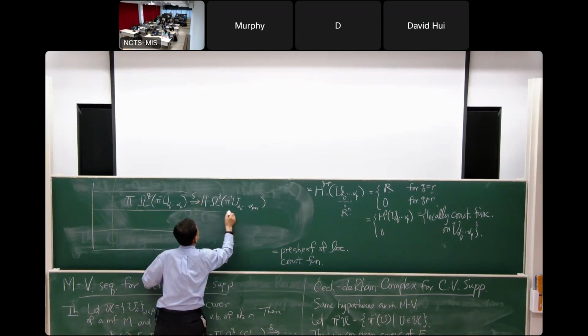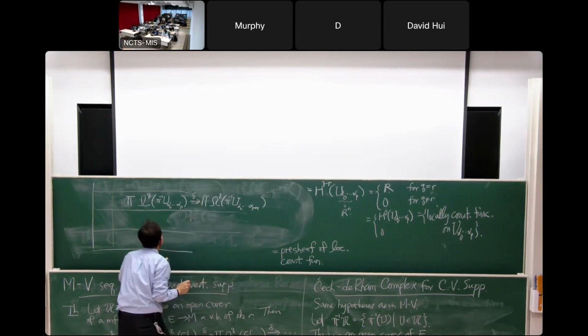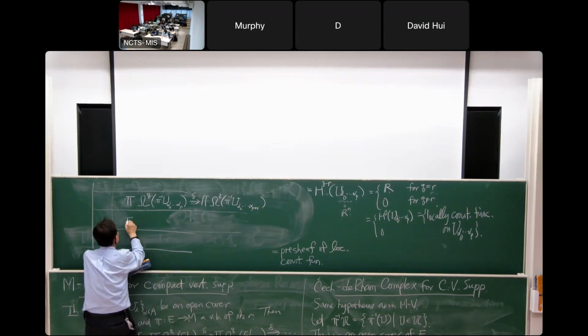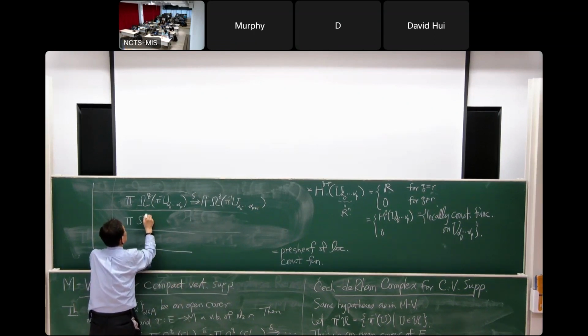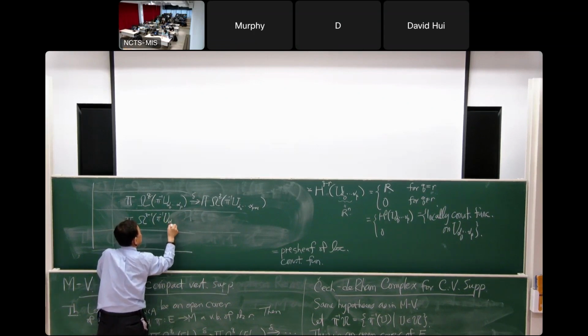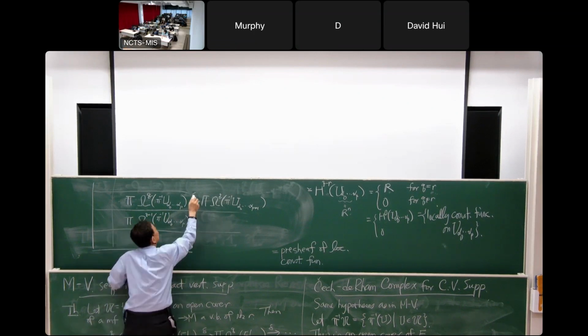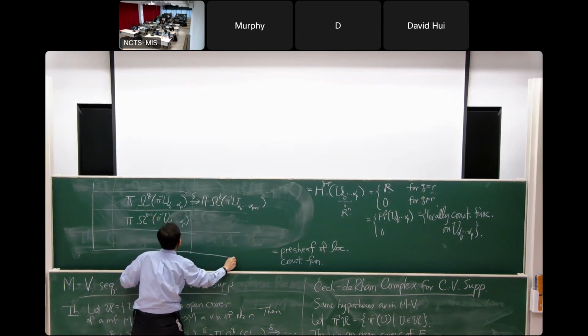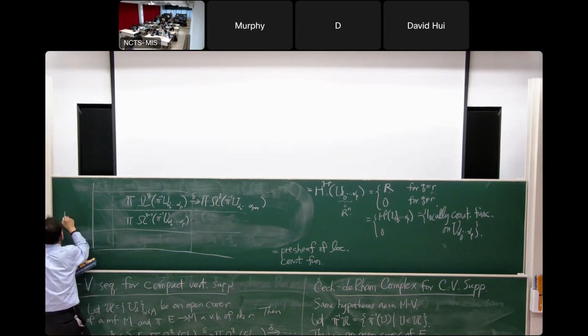Here is the difference map. And down here, you have Ω^{q-1}(π^{-1}U_{α0...αp}). Okay, so this is the double complex K.